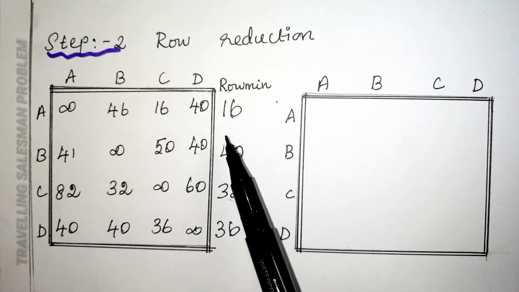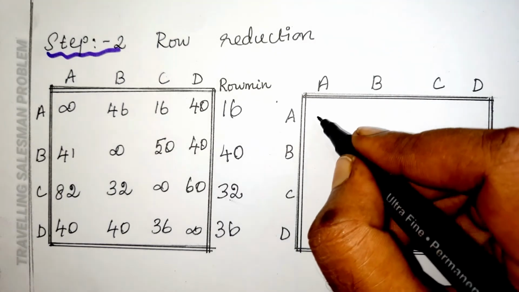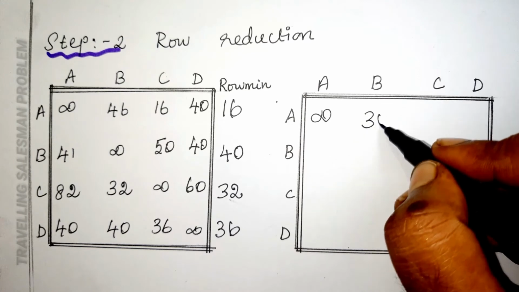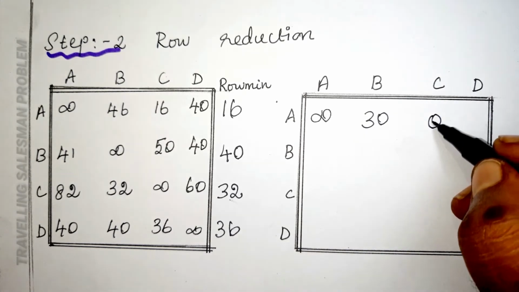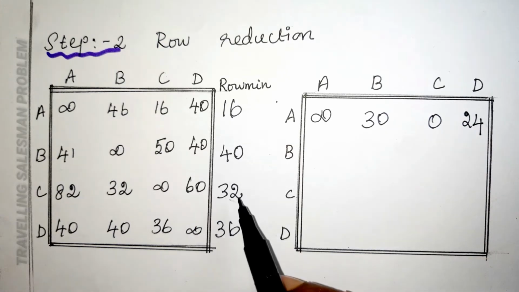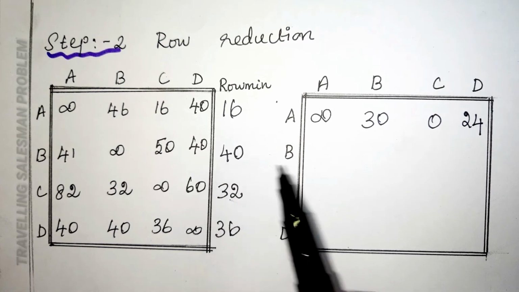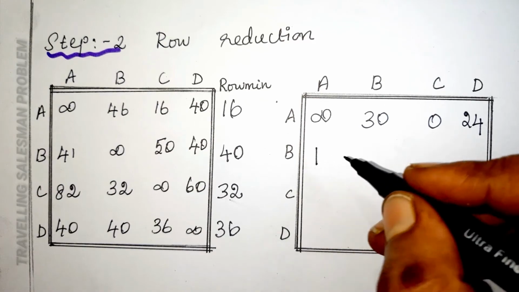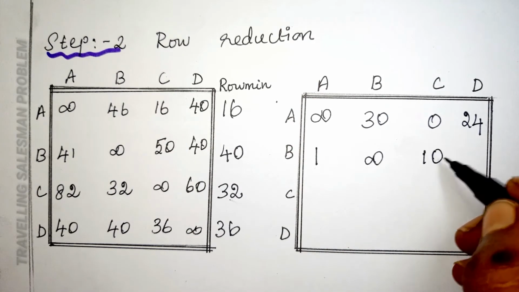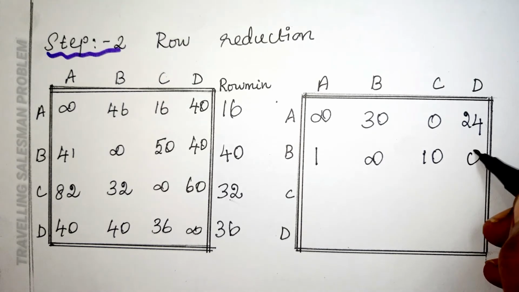In the first row, 16 is the least number, so infinity stays. 46 minus 16 is 30. 16 minus 16 is 0. 40 minus 16 is 24. In the second row, 40 is the least number. So 41 minus 40 is 1, infinity, 50 minus 40 is 10, 40 minus 40 is 0.